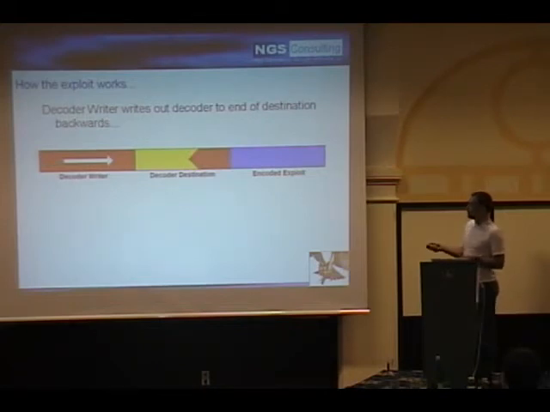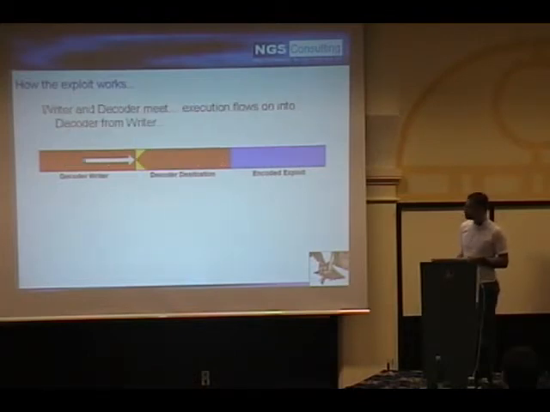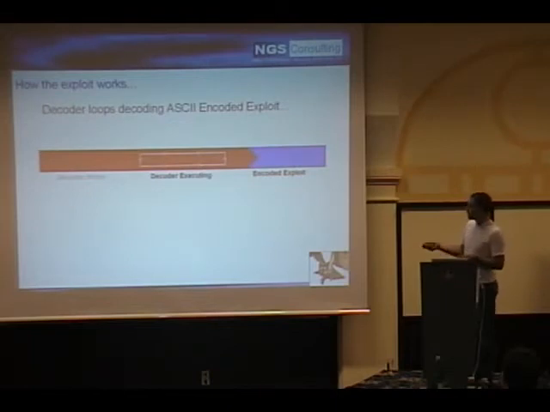So when the decoder writer executes down this way, it starts writing the decoder out this way. So eventually, the two join, and when the two join, execution continues from down here onwards. And obviously, the decoder, all it does basically is loop, decoding this stuff here.